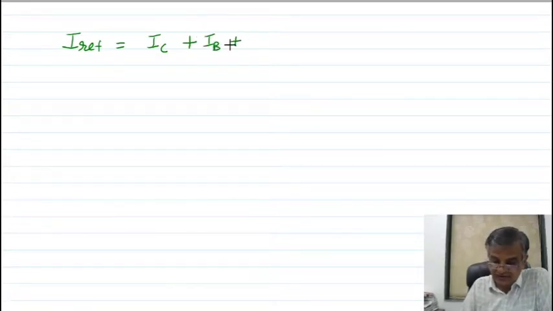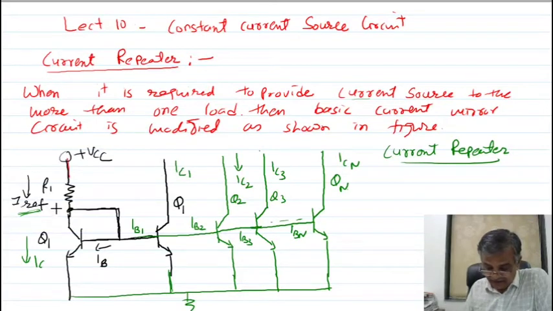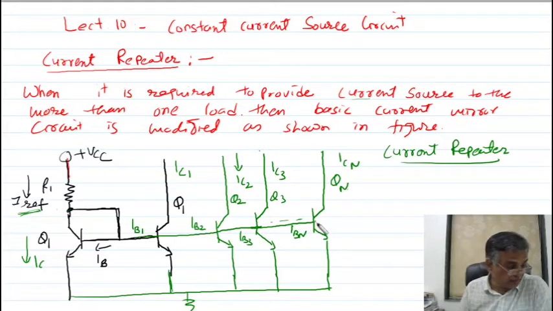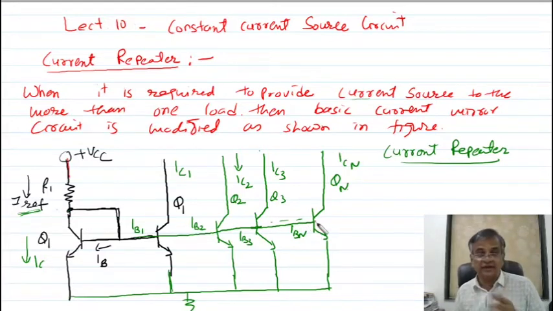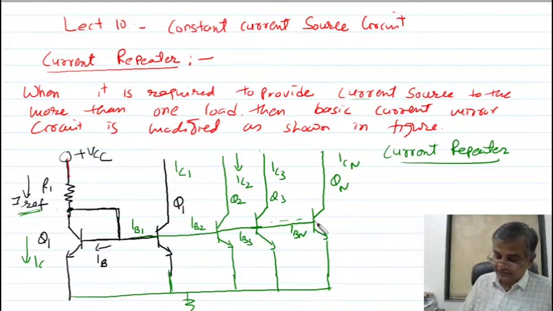This I reference is equal to IC plus IB plus IB1, IB2, IB3 up to IBN.